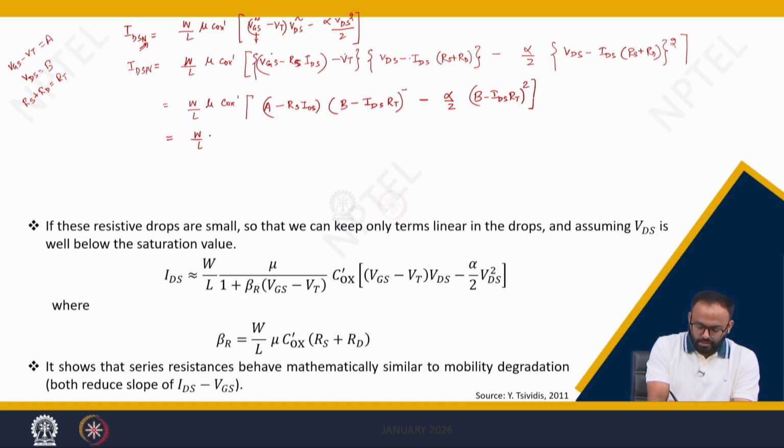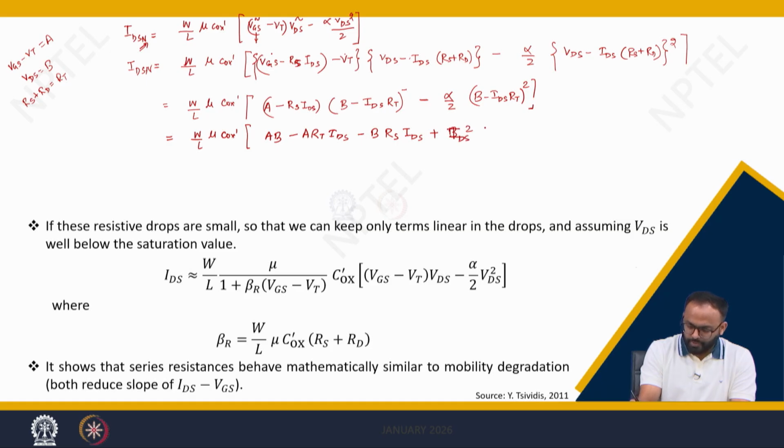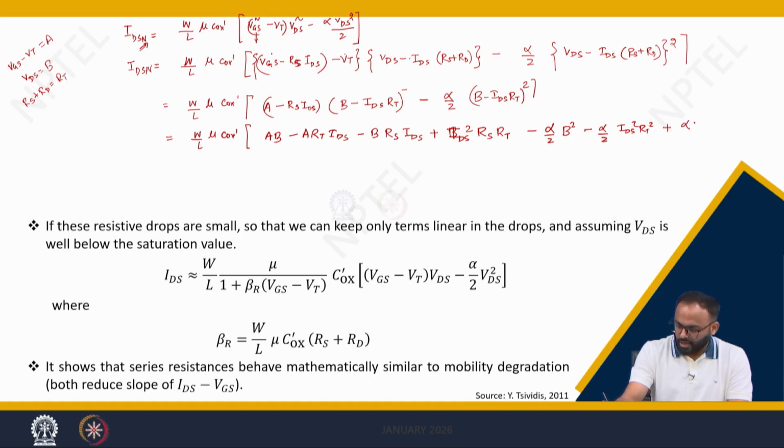Just solve further. W by L mu into COX dash into this will give you AB minus A into RT into IDS, right, minus B into Rs into IDS plus, sorry, this will give you IDS square into Rs into RT, minus alpha by 2 B square, minus alpha by 2 IDS square into RT square, plus alpha IDS into RT into VDS, or RT into B, correct.